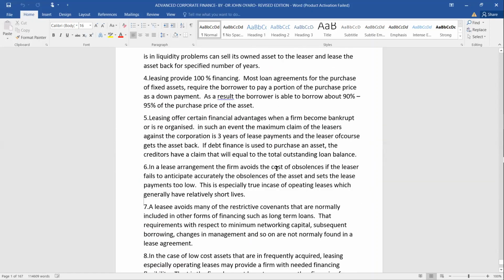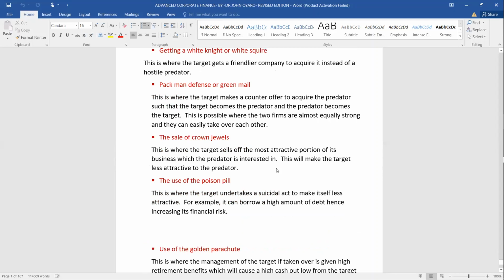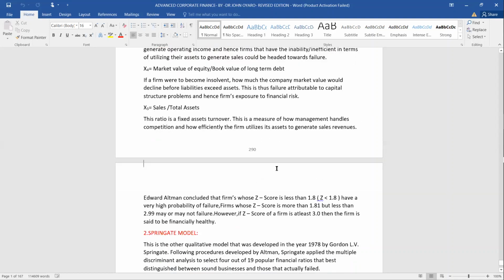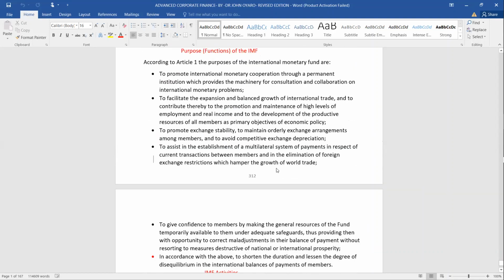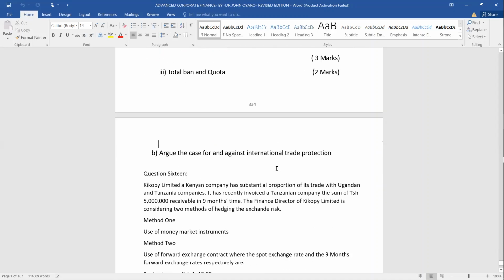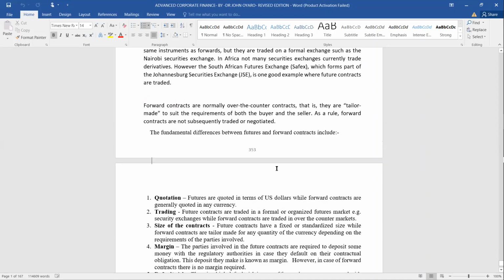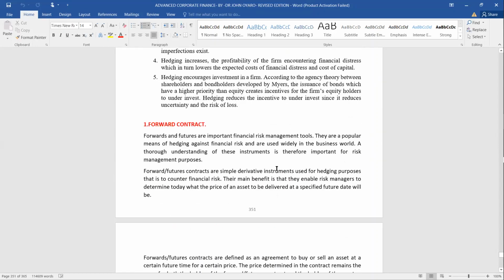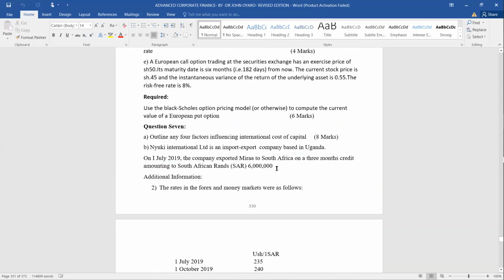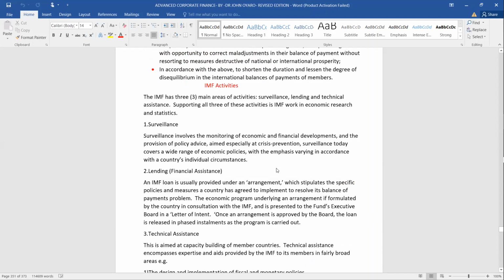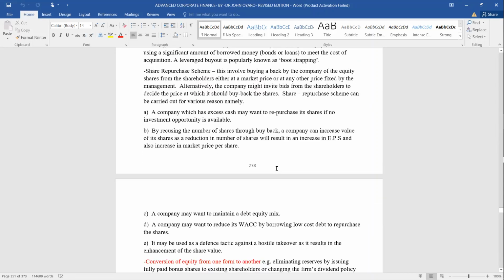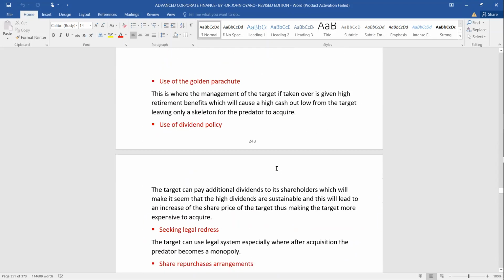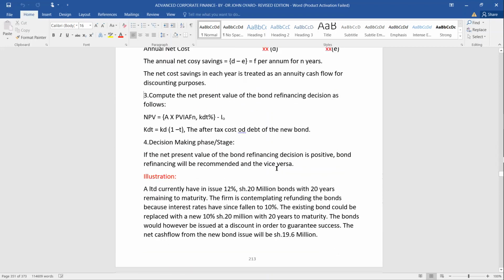Firms will adopt an optimal capital structure, sometimes referred to as a target capital structure, the optimal mix of equity and debt at which point the value of the firm shall be maximized and the overall cost of capital minimized. So please let's have that at the back of our mind.